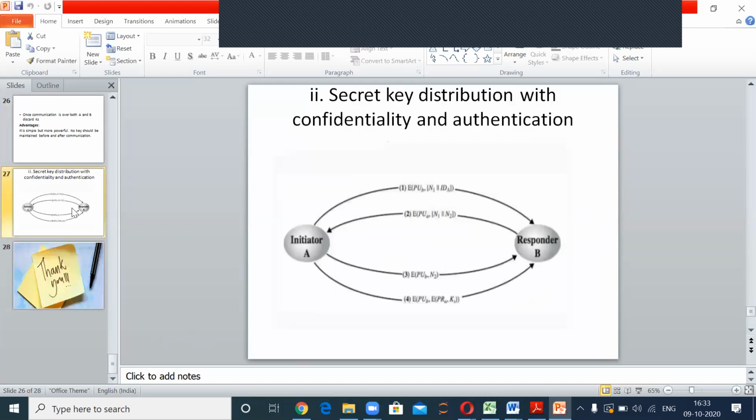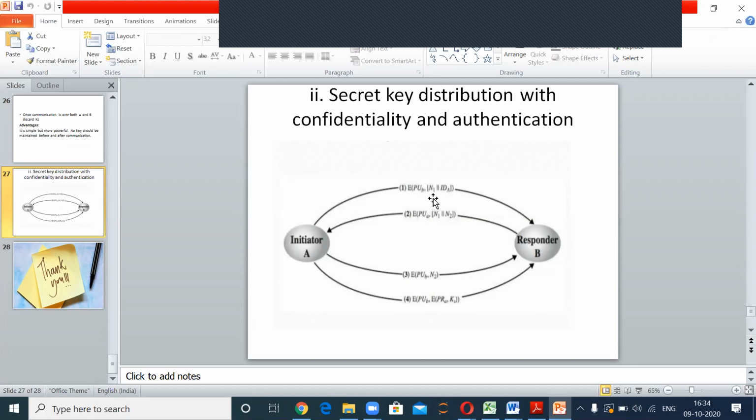Whereas to provide authentication and confidentiality, these are the steps. There is the sender and the receiver, or the initiator and the responder. First, the initiator sends the request using the receiver's public key encryption. What does it send? Nonces: the identification of the initiator, and some unique identification concatenated with it.